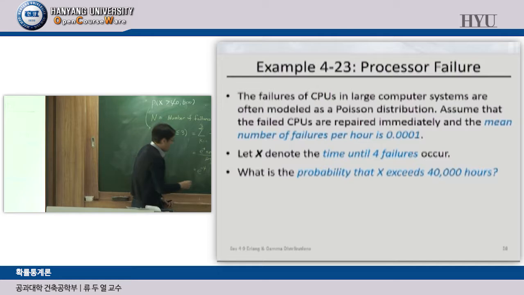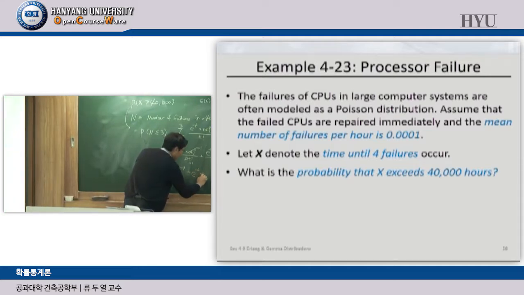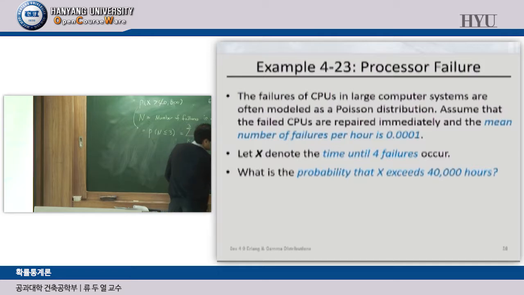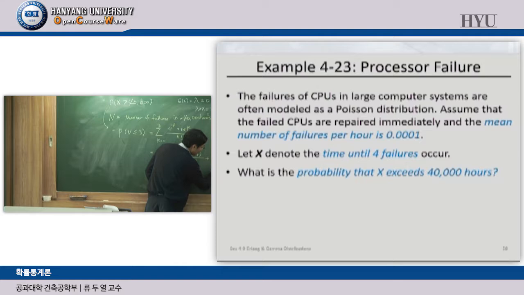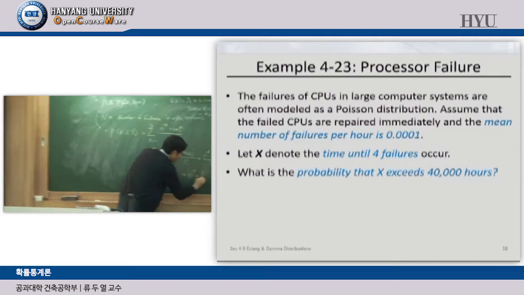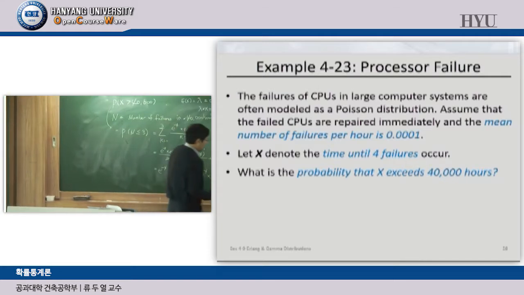Plus e to the minus 4 times 4. And plus that is the 16, so if 16 is divided by 2, 8 is left here. So e to the minus 4 times 8, plus, that is the 64.